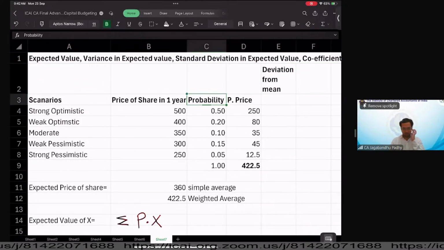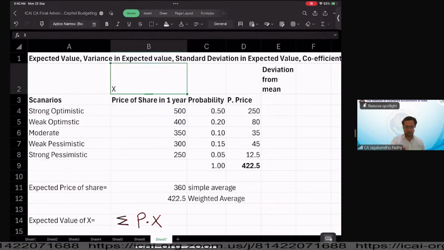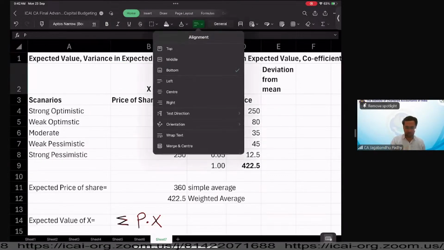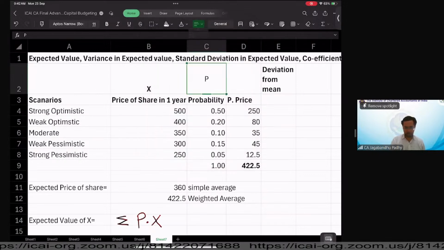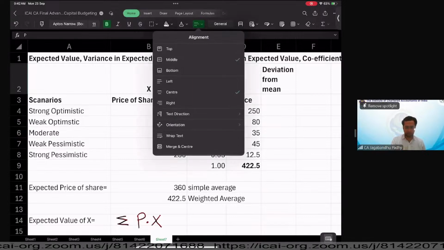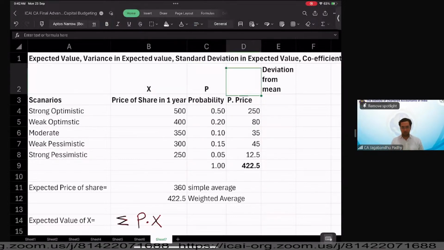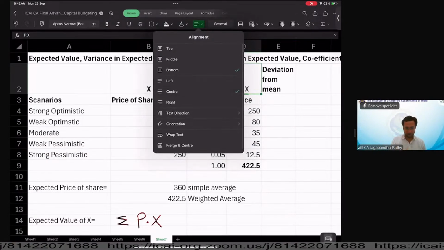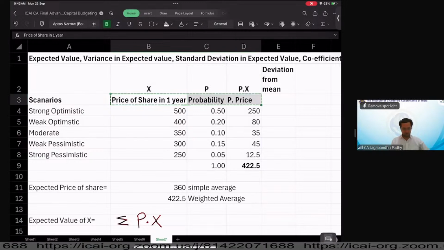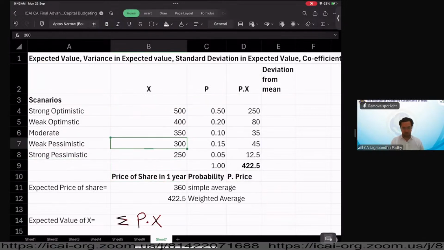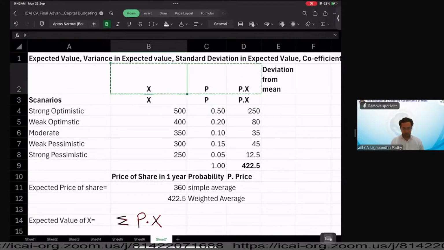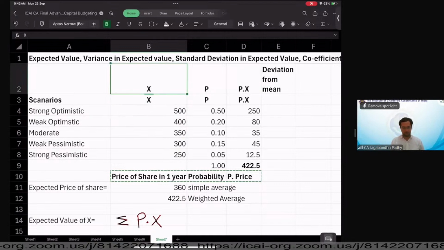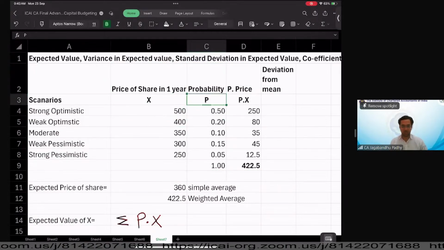Let us denote the price as X, and the probability as P. Then this was nothing but P into X, probability into X. Let me just rearrange them, which makes it more intuitive to understand: X price, probability, and P into X is what we did.